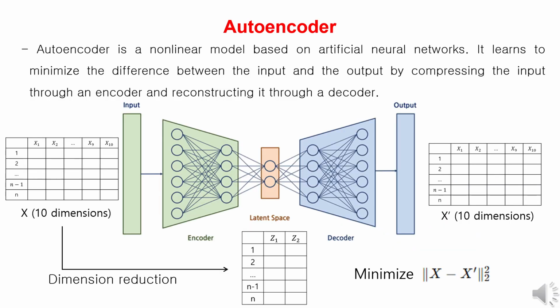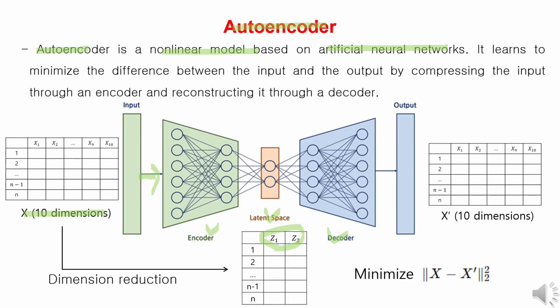Now, let's implement code to perform dimensionality reduction using an autoencoder. As explained in the previous video, an autoencoder is a neural network-based, nonlinear method made up of an encoder, a latent space, and a decoder. When high-dimensional input data passes through the encoder, it's transformed into a lower-dimensional latent space.